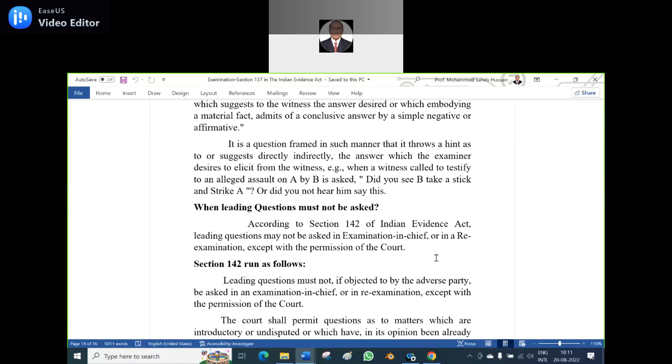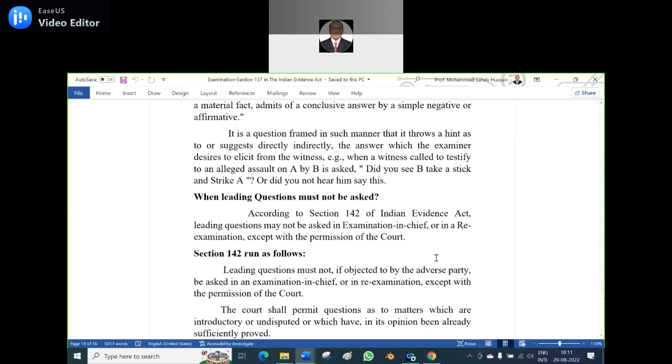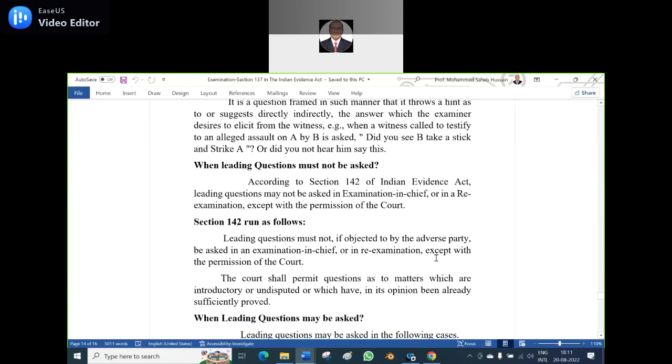Whatever the cross-examination, in cross-examination the re-examination opportunity will be given provided the advocate asks. But here section 142 says a leading question may not be asked in the examination in chief or in a re-examination except with the permission of the court.